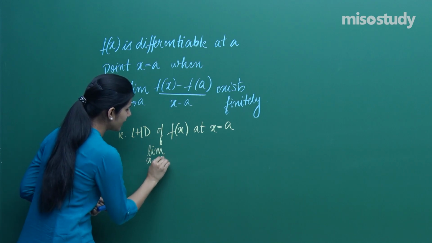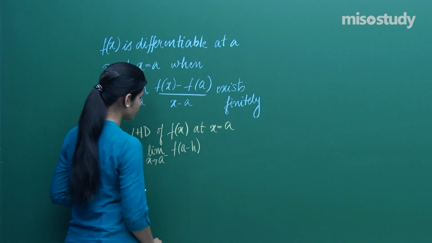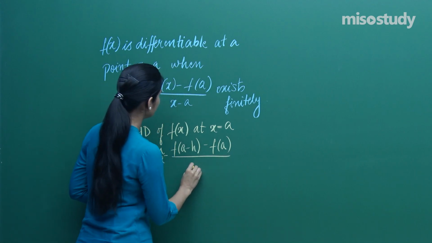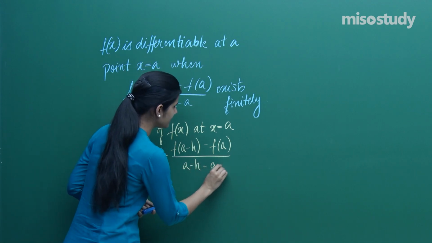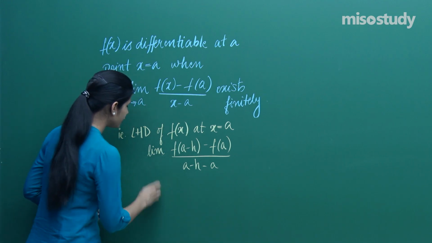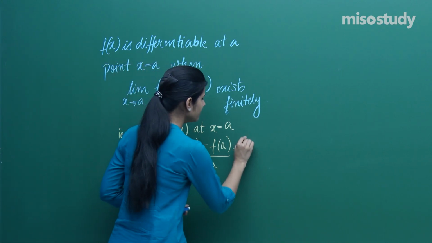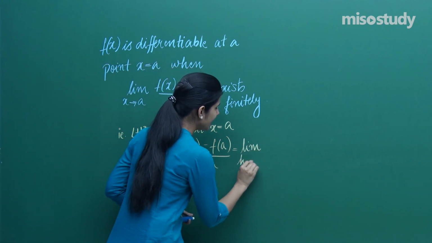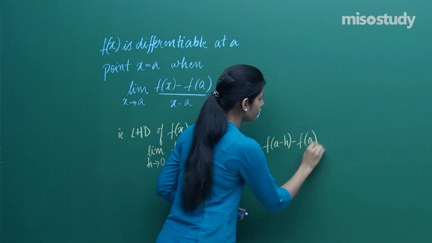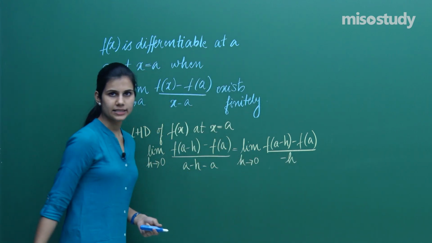Limit x tends to a from the negative of [f(x) minus f(a)] upon [x minus a], and then we replace x by a minus h, with h tends to 0. Eventually getting limit h tends to 0 of [f(a minus h) minus f(a)] whole upon [a minus h minus a], which gives you minus h.